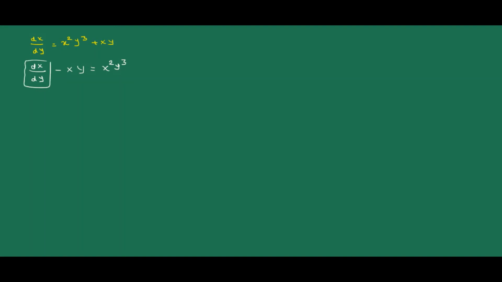But the given is dx by dy. So far we have solved the examples which have dy by dx. There we divide throughout by y raised to n, but here we have to divide throughout by x square.